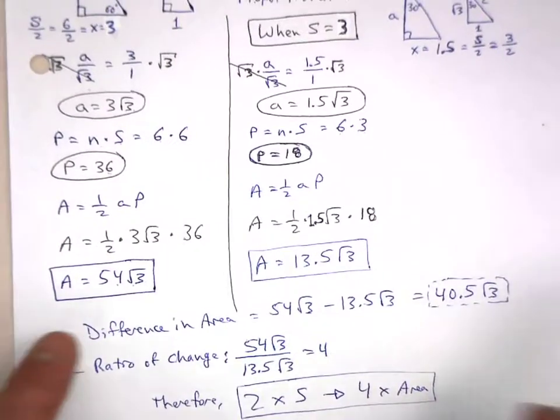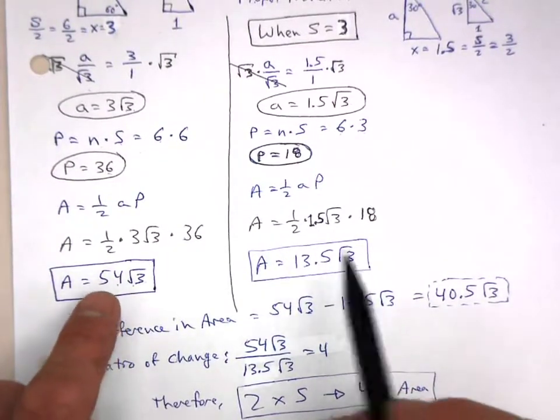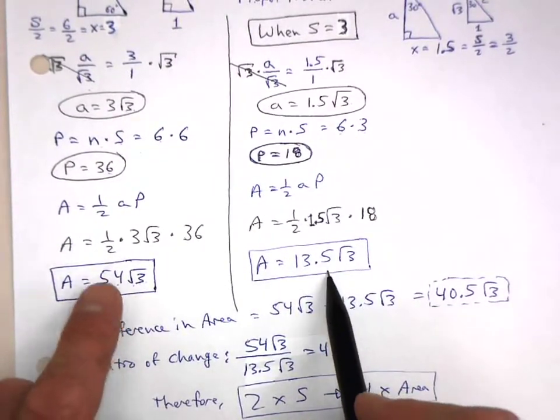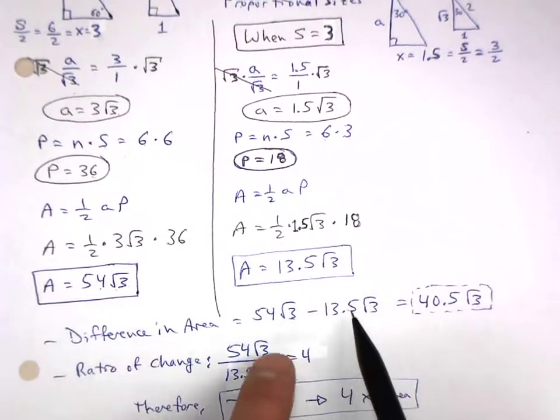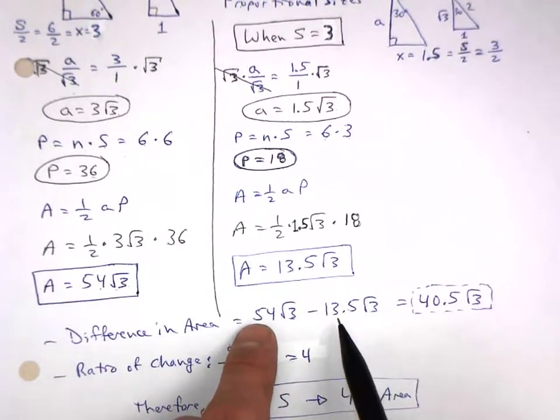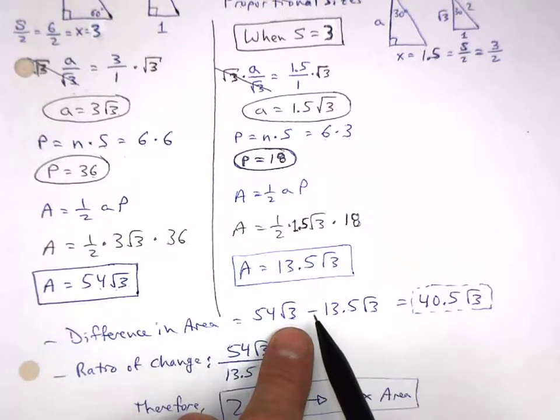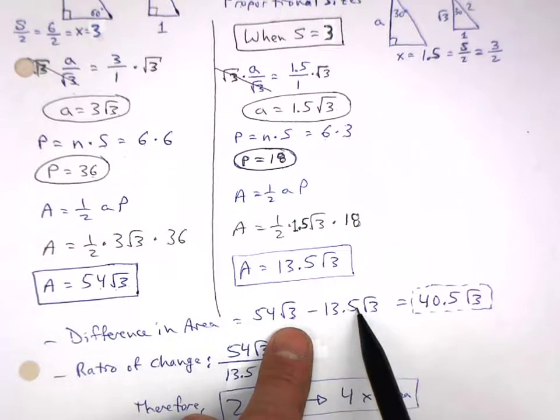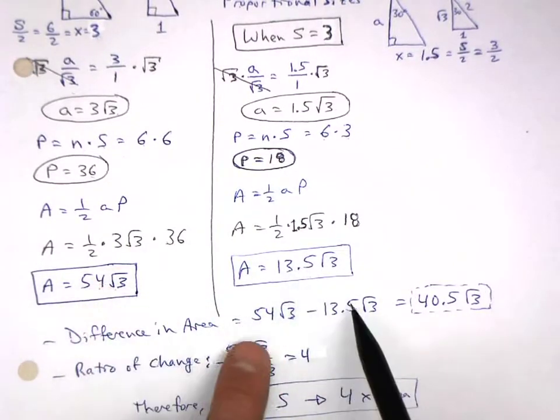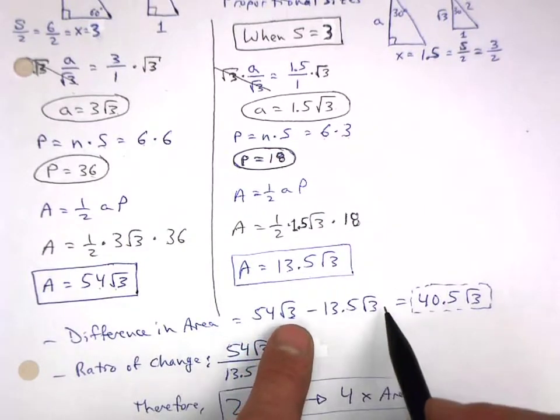Now, if they were to ask you the difference in area, all you would do is subtract these two areas. It might seem a little strange to say, okay, I have 54 square root of 3 minus 13.5 square root of 3. But treat this like a variable.